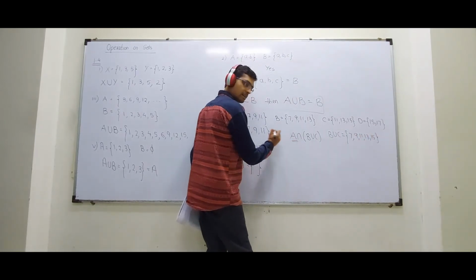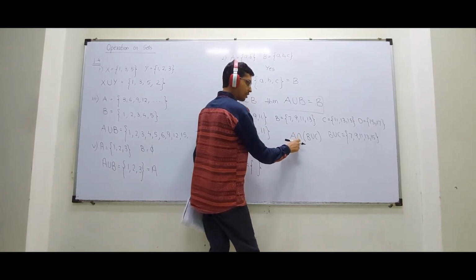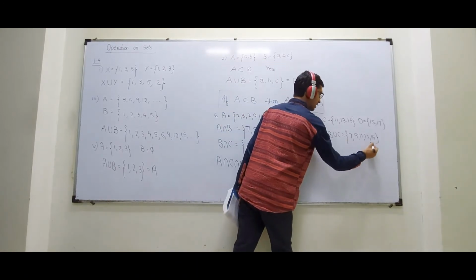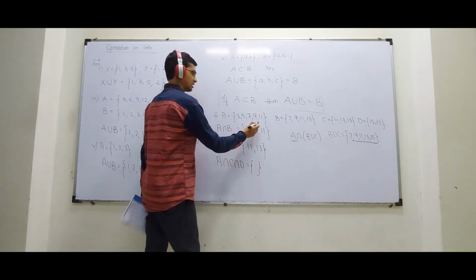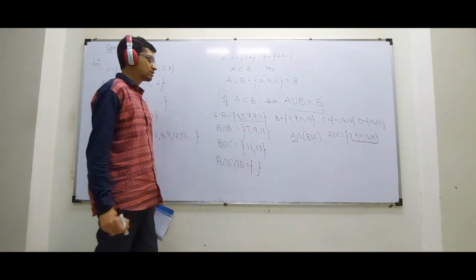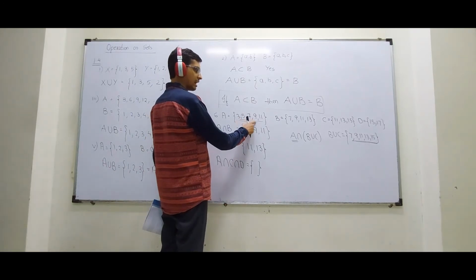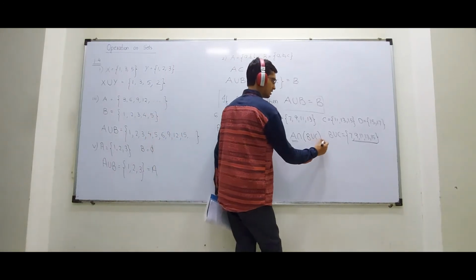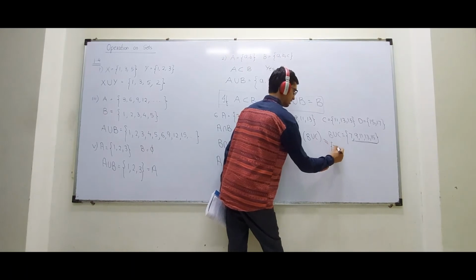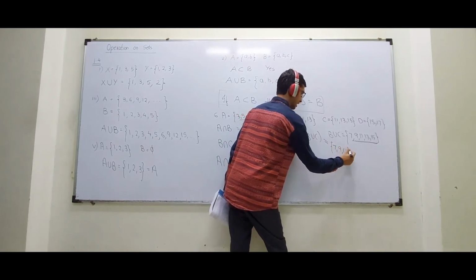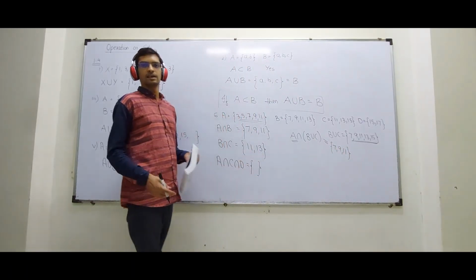Now A having common elements with B union C. What is common in this and this? Can you say anything common? Yes. What is that? 7, 9, 11. So the answer of this is 7, 9, 11. Understood? Yes?